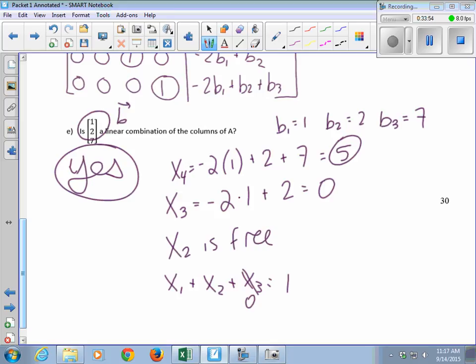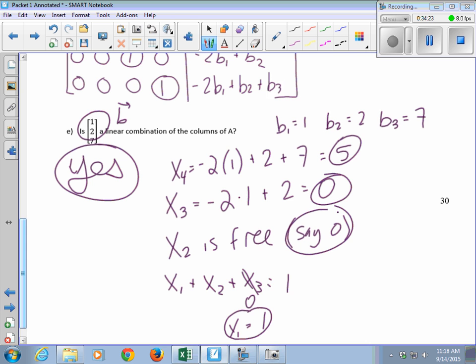And I have to choose an x2, and I can calculate an x1. So if I make x2 0, then x1 is 1. So a set of weights you could use would be 1, 0, 0, and 5.